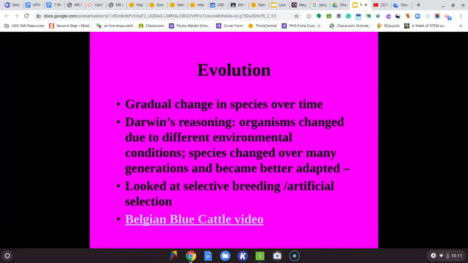The biggest of the biggest, with this mutation that allows their muscles to go larger, has made that cow look kind of like a freak over time. Okay, and that is basically what happens naturally in the environment.